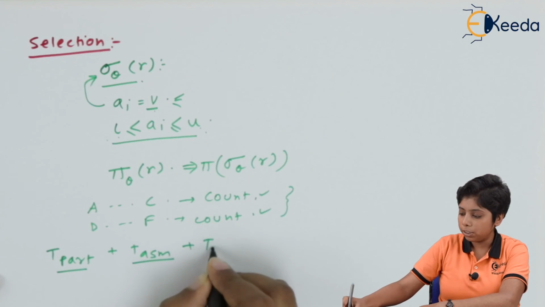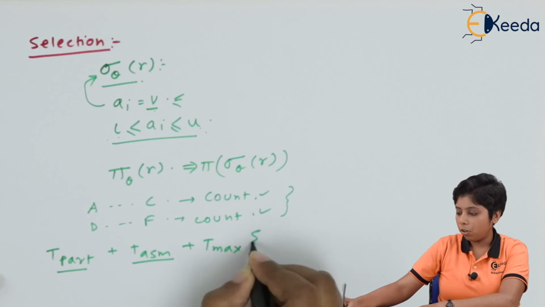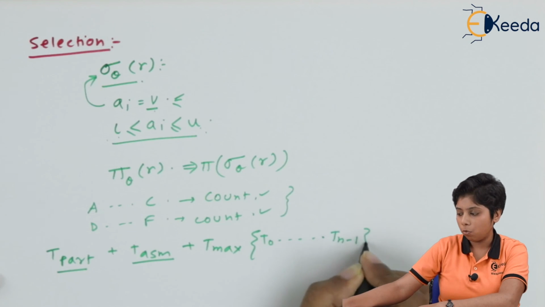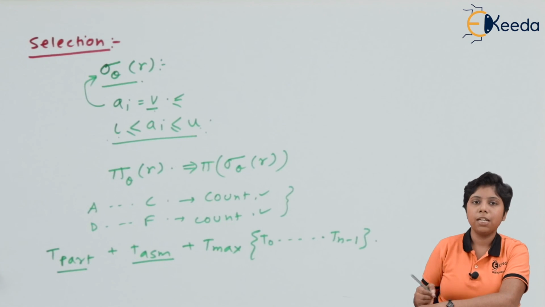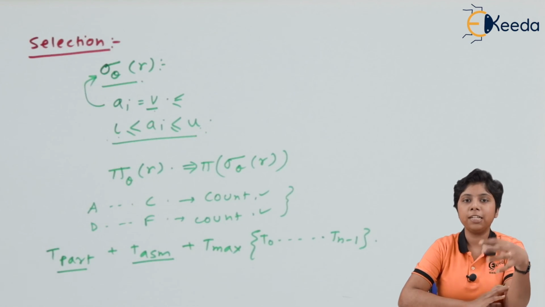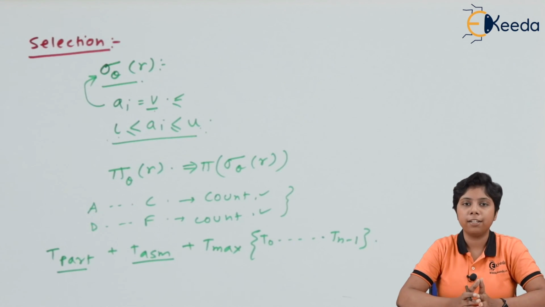So we need to choose T max for the partitions T0 to Tn minus 1. And also there is a contention for the resource, so we need to keep the resource for every partition evenly distributed. Other than this, we cannot have the partitions combined together in a meaningful way. So this is all for the cost, the joining and other operations that are related to the intra-operation parallelism.